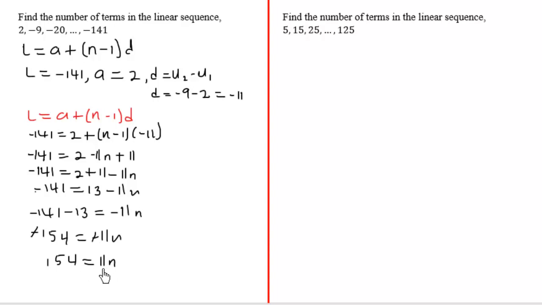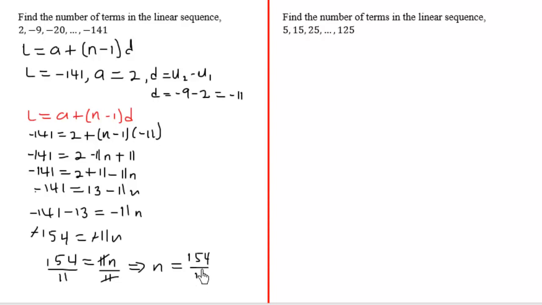So we divide through by 11. This will cancel this, so this implies that n is equal to 154 divided by 11.